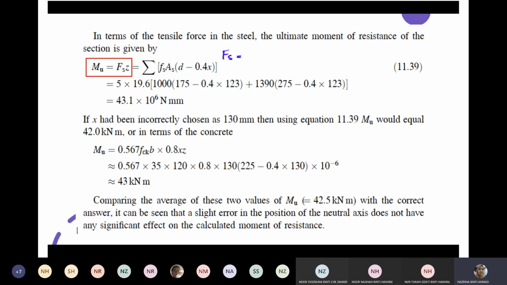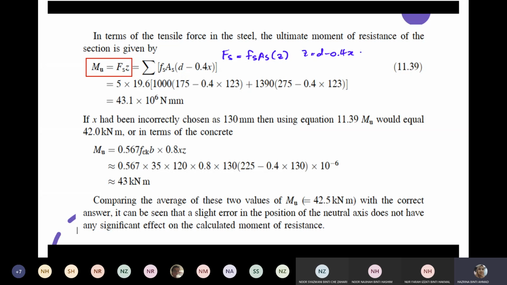We use the value Fs, multiplied with As, then multiplied with z, right? This z is d minus 0.4x.